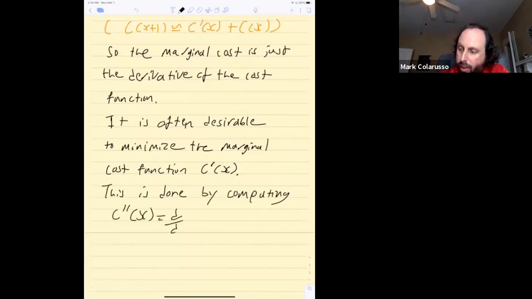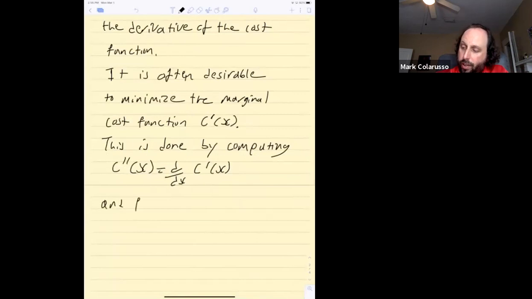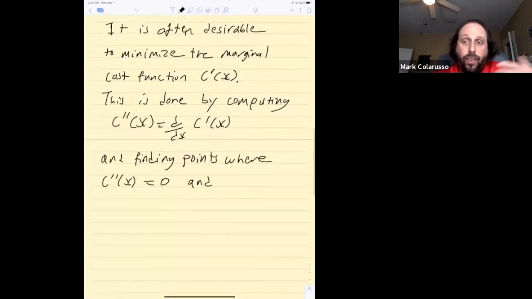That's the derivative of the marginal cost, which is the second derivative of the cost, and finding points where C double prime of X is 0, and then applying the first or second derivative test to these points, whichever one you like, just as we did in the last several videos.